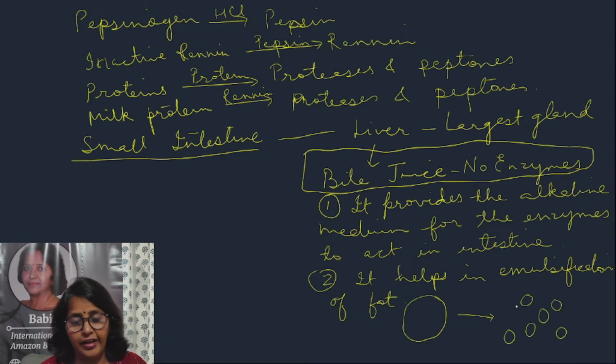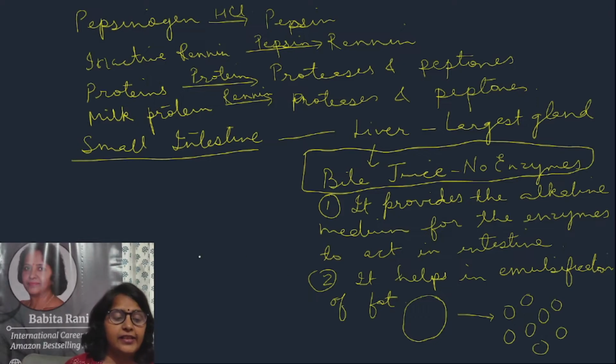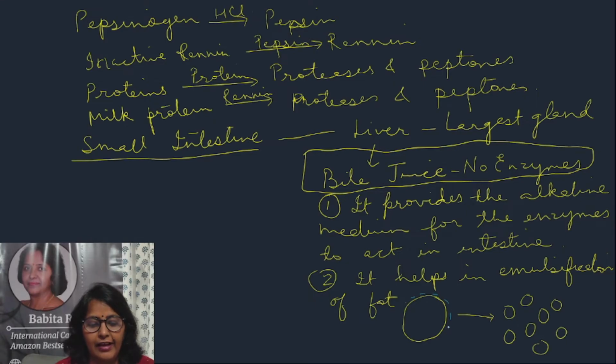Digestion has not taken place, only it has been broken down into smaller molecules of fat. Why is this necessary? Suppose we have a big molecule of fat, the lipase will act on this from the outer surface.